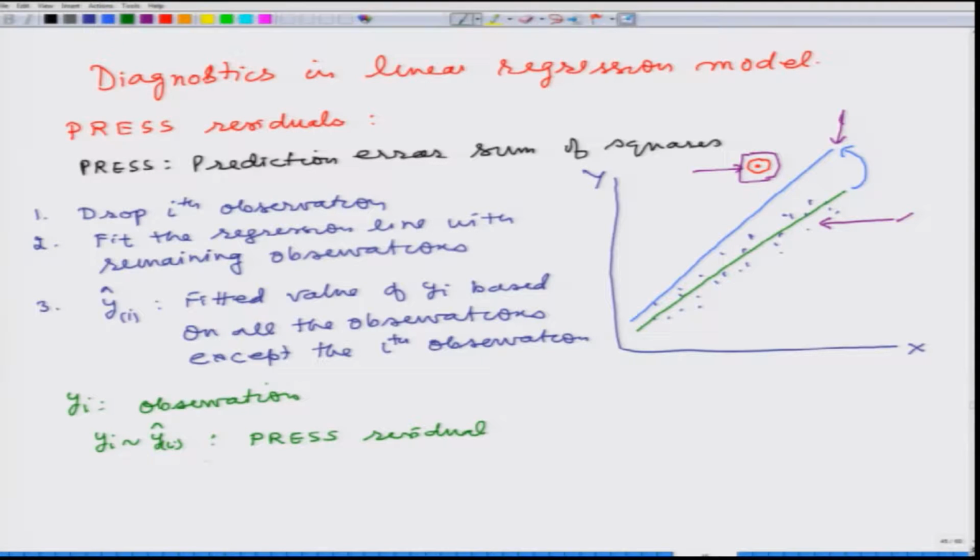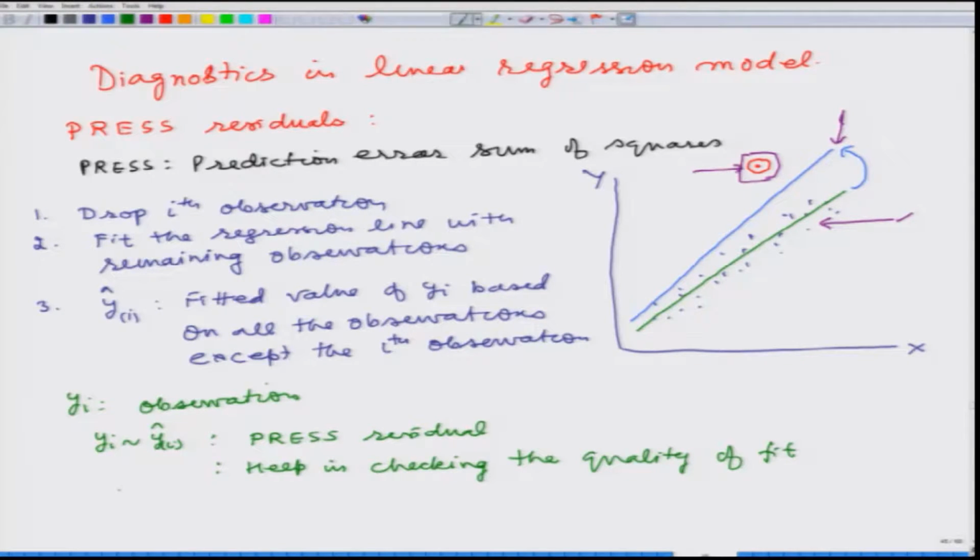And these PRESS residuals help in checking the quality of fit. That means whatever model we have obtained on the basis of the given set of data, this PRESS residual is going to help us.